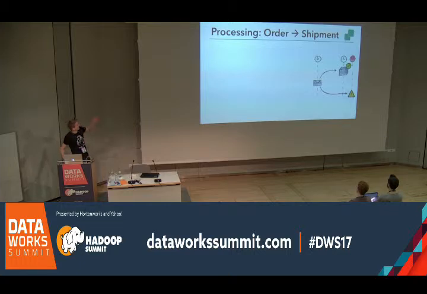In order to calculate the process success and warn messages, we say that whenever we see an order event, the letter symbol, which is followed by a shipment event within a given time, then it's a successful order processing. And if not, then we generate our alert or warning, which is the lower branch.